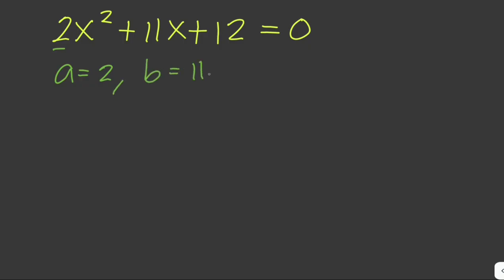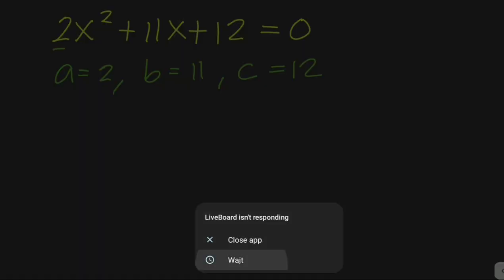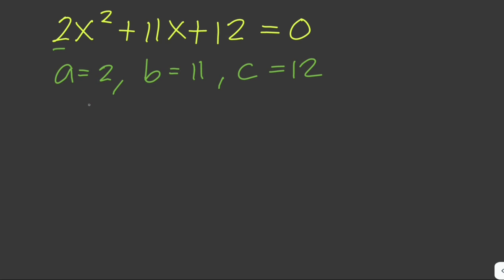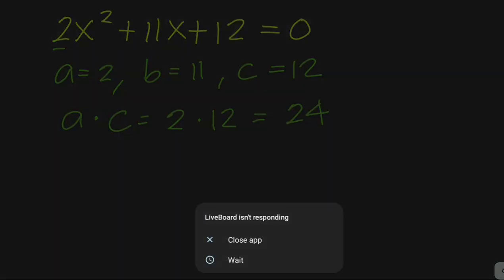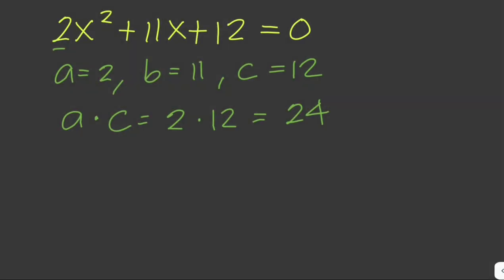B equals 11, and C equals 12. So we apply the AC method here. We multiply A and C, so that would be 2 times 12, which is equal to 24. Now we know that the product of coefficients A and C is 24.